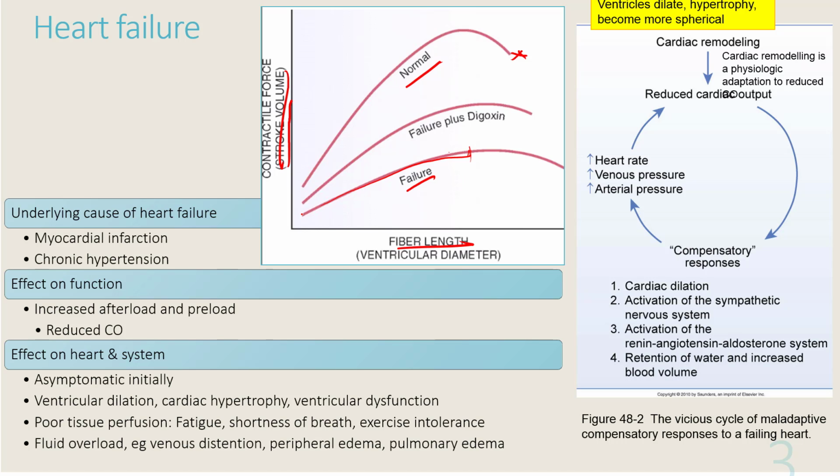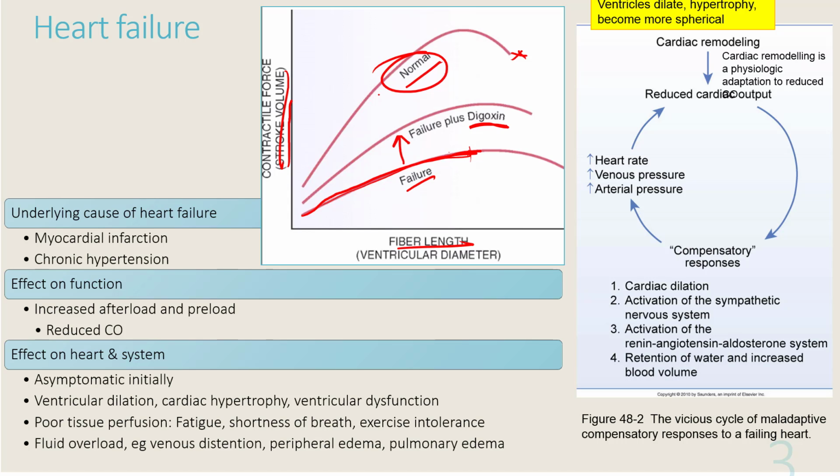So there's a distinct failure of the heart to do its job with a similar volume of blood in the heart. With the help of the drug digoxin, it actually moves the Frank-Starling curve closer towards what's normal.